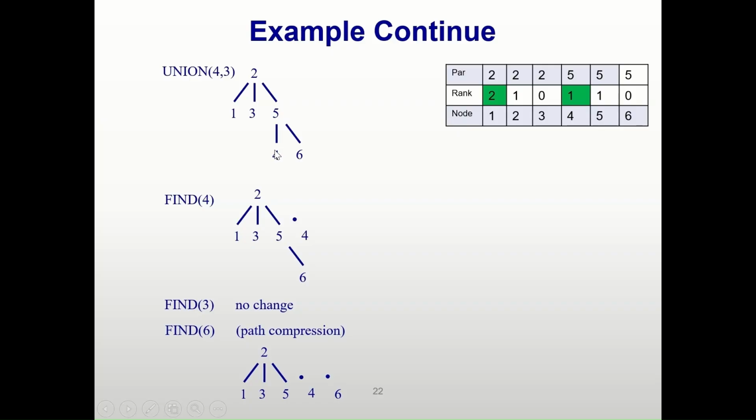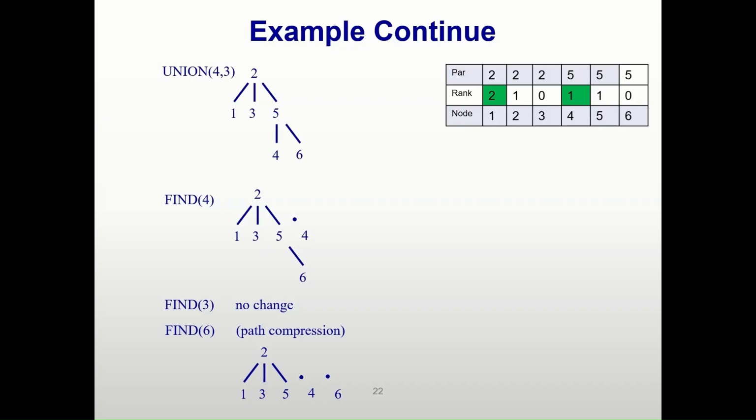Find of 4 links 4 directly to its parent, and then we apply find of 3, which is directly connected to the root. So there is no path compression. Then again we apply find of 6, which connects 6 with 2, and path compression is applied. At the end, all nodes are efficiently connected under one representative using path compression.